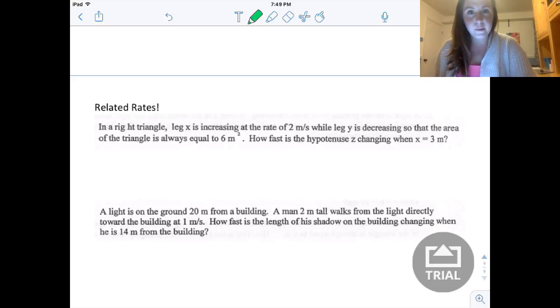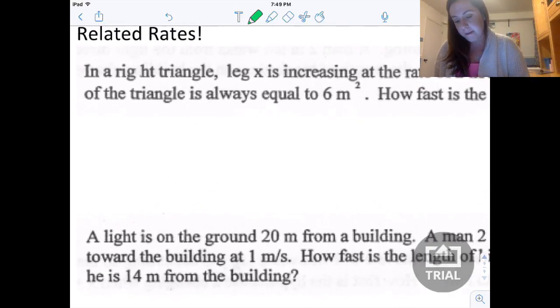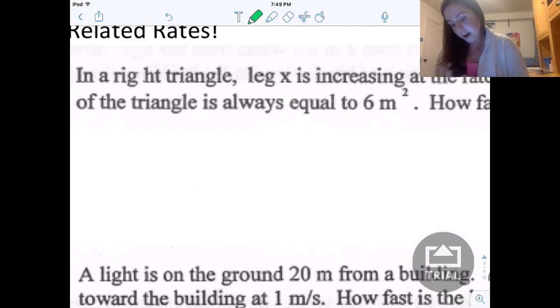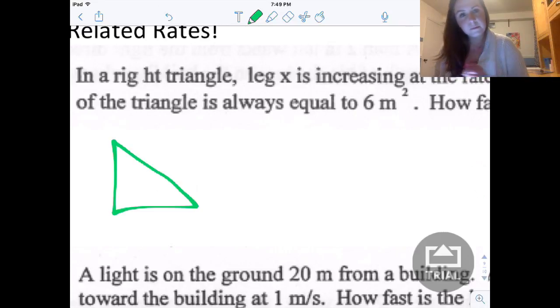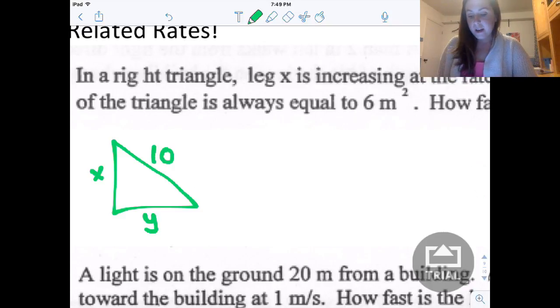Okay. So let's say that I'm given a triangle, and I know that this is X, this is Y. Let's say this is a ladder falling down a building, right? And it's a 10-foot ladder.